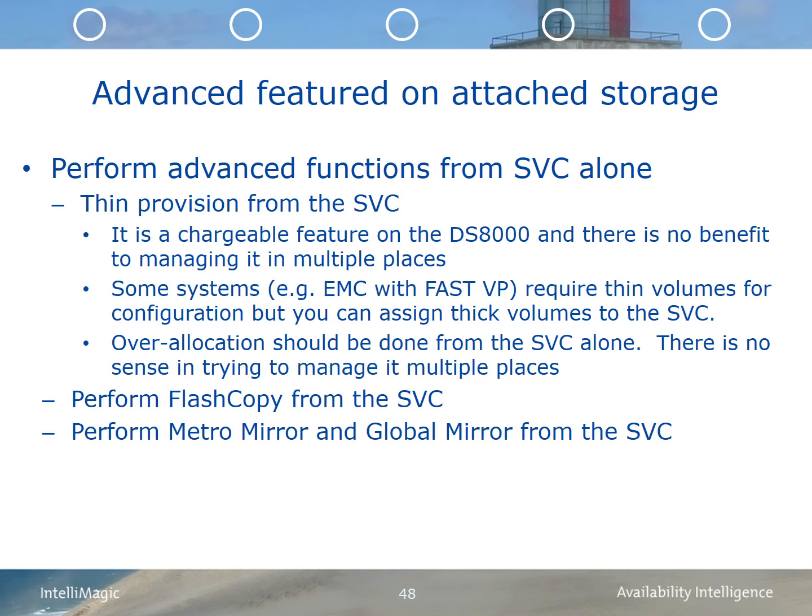For one thing, thin provisioning is a chargeable feature on the IBM DS8000, and there's really no benefit to managing it in multiple places. Some systems, for example, EMC with FAST VP require thin volumes for configuration, but you can assign thick volumes to the SVC. Over allocation should be done from the SVC alone. There is no sense in trying to manage thin provisioning from multiple places.